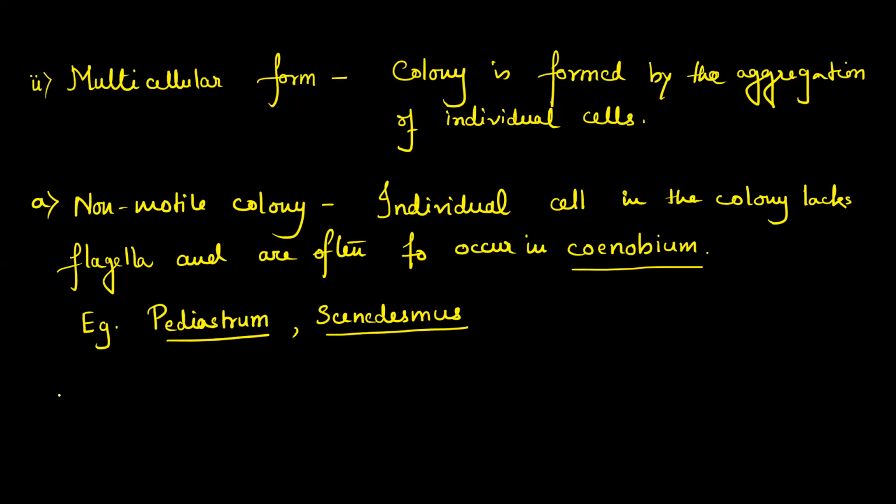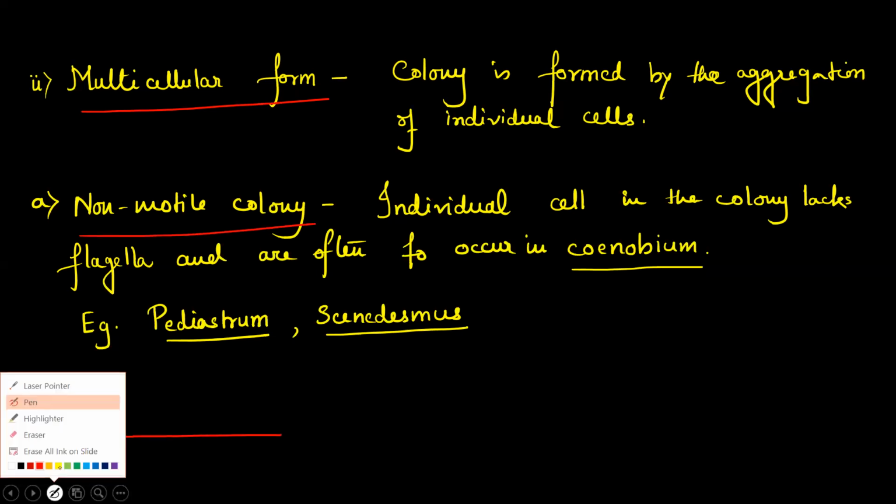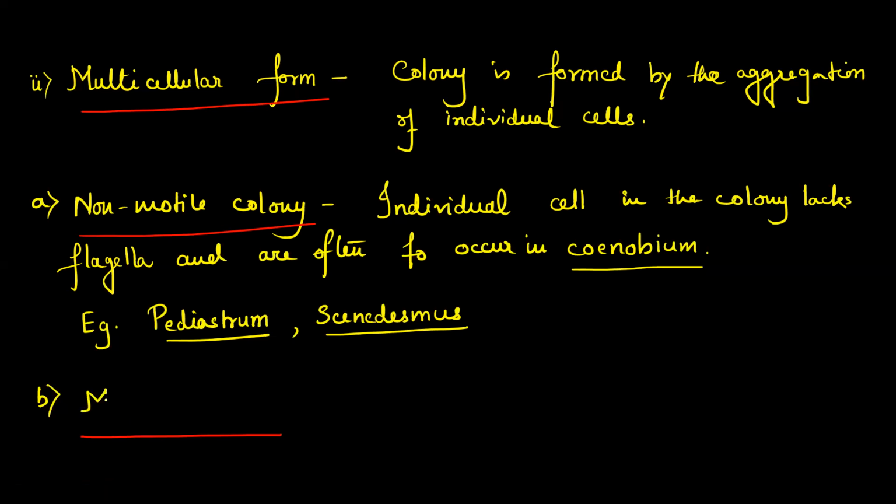Next, we'll move on to motile colony. In multicellular form, please don't get confused: non-motile colony was there, and now we will talk about motile colony. What do we have here?